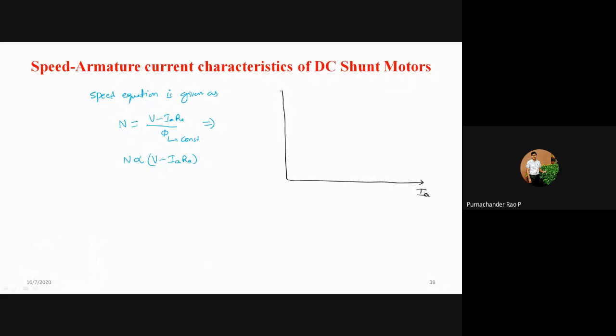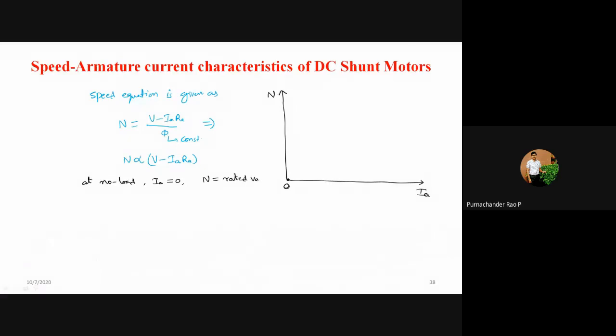This is your speed. At no load, whenever your armature current is zero, your armature is not drawing any current, but the machine is running at the rated value.